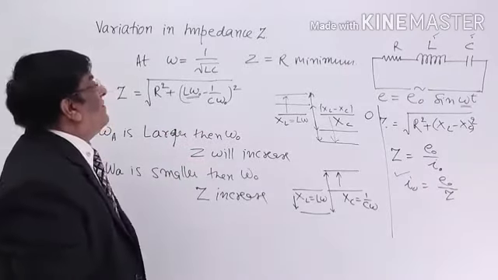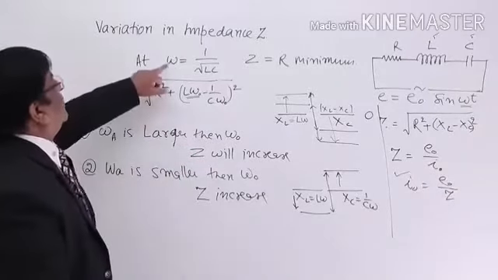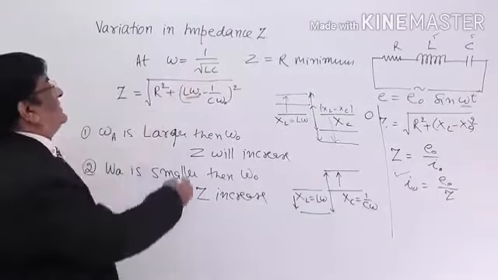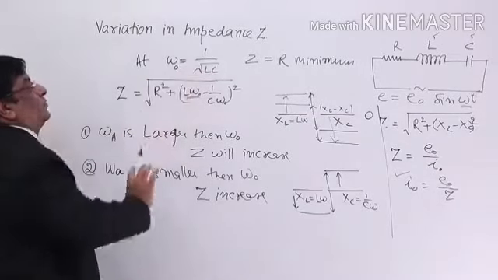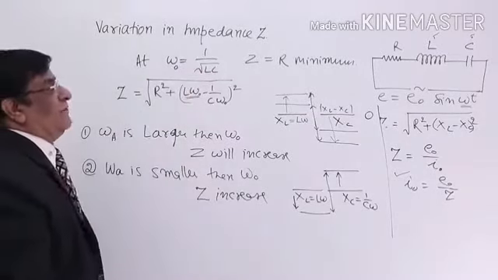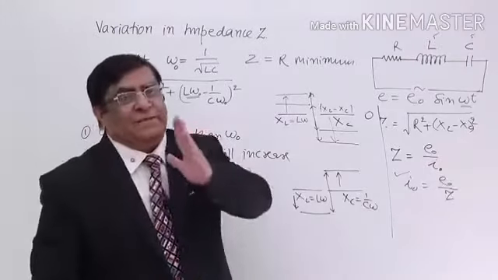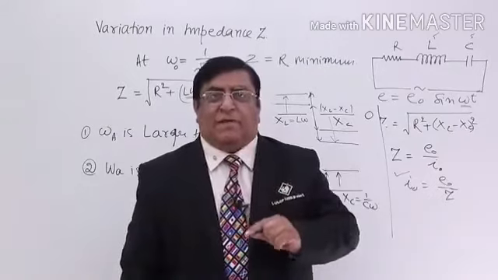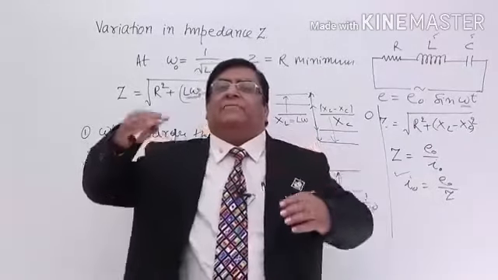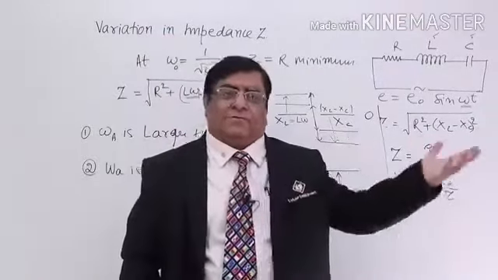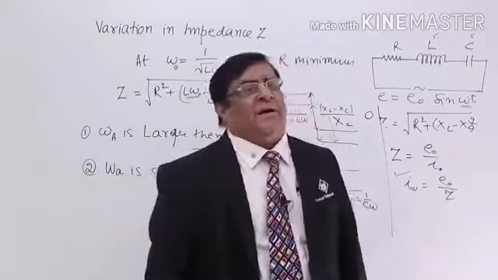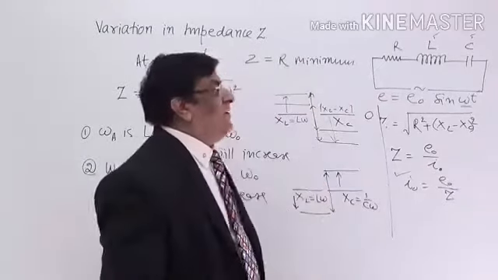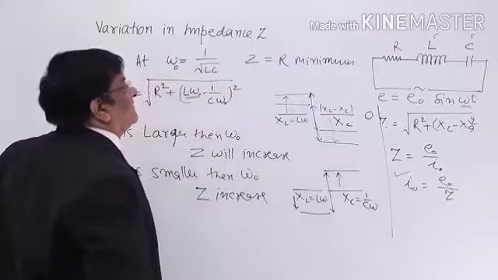Z is minimum when omega is the natural frequency, that is 1 upon root LC. So we remember, when omega has a particular value, the natural frequency, Z is minimum. If omega is increased, Z will increase. If omega decreases, again Z will increase. Now what is the effect on current?